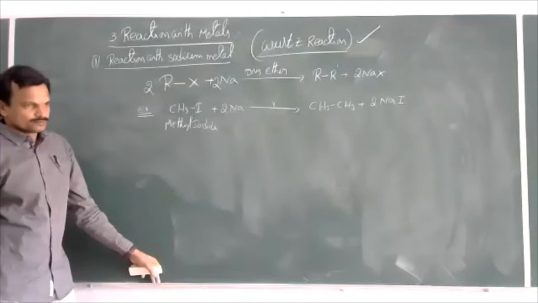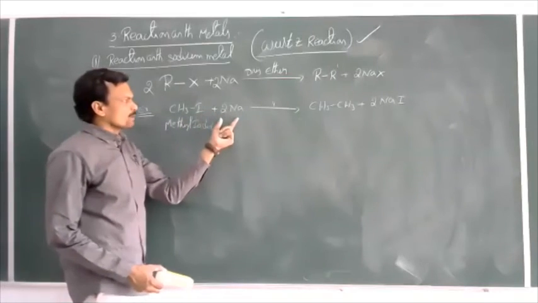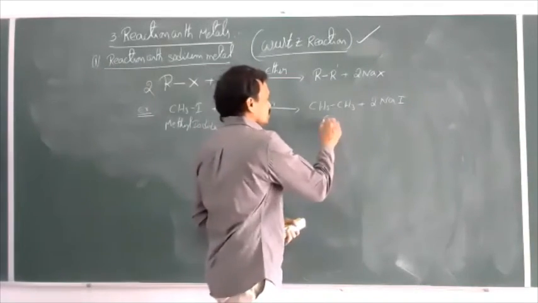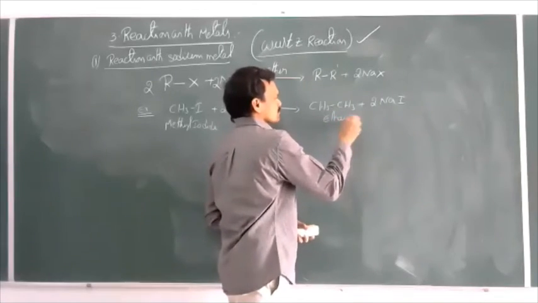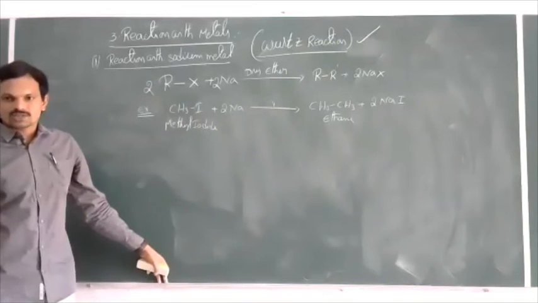So this is the product here. So haloalkanes react with sodium metal in the presence of dry ether to give higher alkanes, ethane, as the product. This is called the Wurtz reaction.